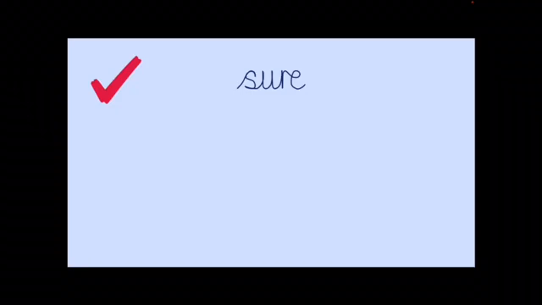This time we're going to look at a few words where we use the U-R-E ending not always with an S at the beginning. The first one does have, though, pressure. We've got that same sh sound that we hear in sure.